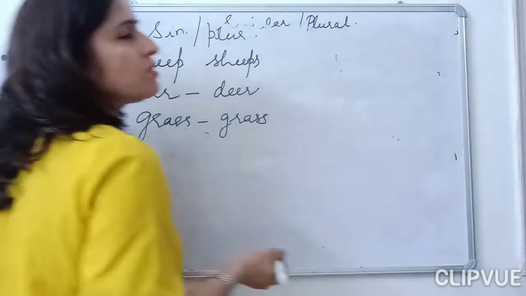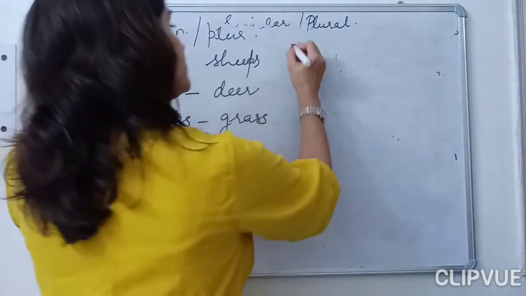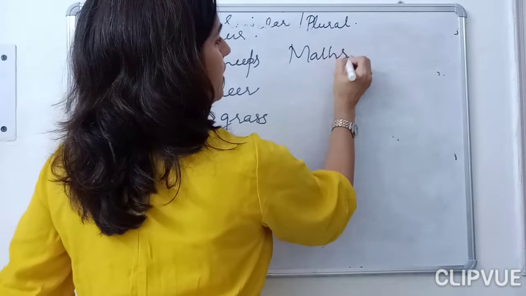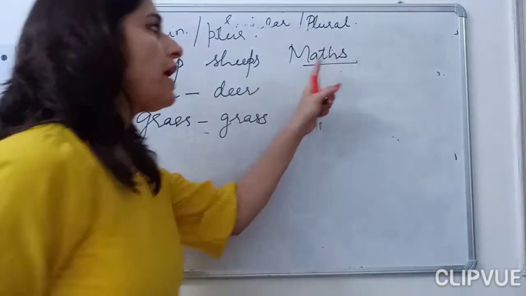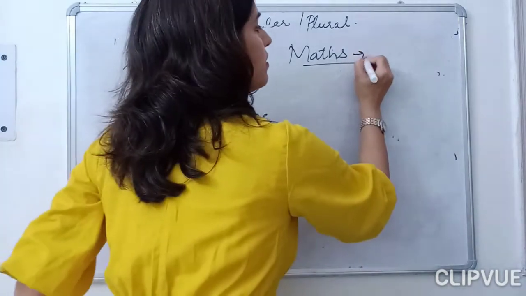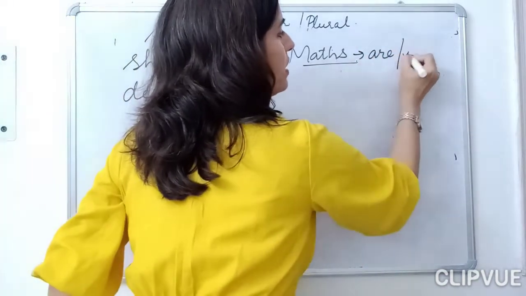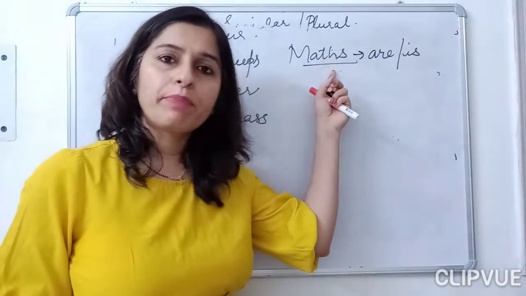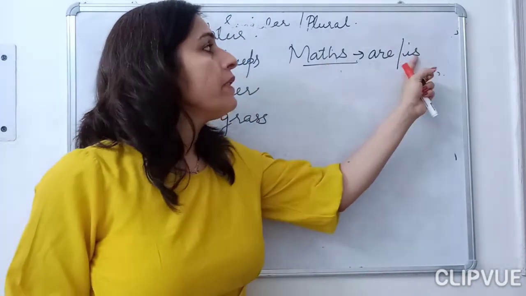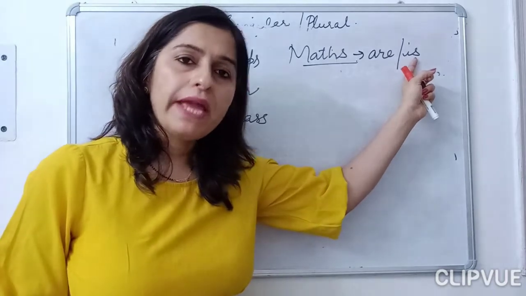Other words you can take, like the subject maths. You say, maths is my favorite subject. Here, children, have I used the verb are or is? The verb will be is. Though maths sounds like plural, it is used with the verb is.